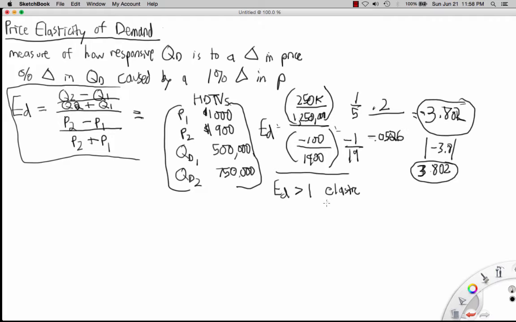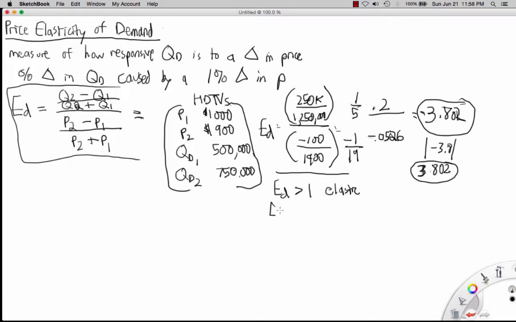So in keeping with the original definition that we laid out earlier, one way to think about it is anytime you see an elastic good, the percentage change in quantity demanded of that good is going to be greater than 1% if you have a 1% change in its price.